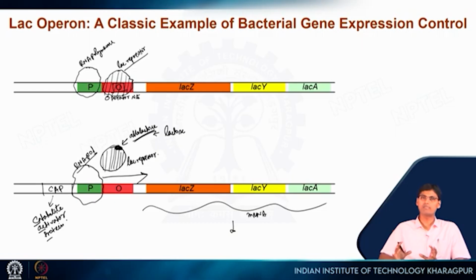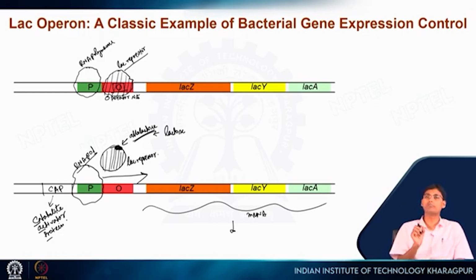Very briefly, if a huge amount of glucose is present inside the cell, then the amount of cyclic AMP should be low. If cyclic AMP is low, then cyclic AMP will not bind to catabolite activator protein. So as a result, it will not turn on this system.